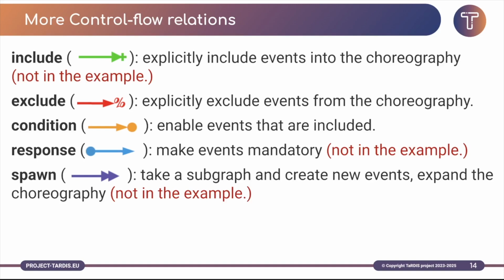The condition relation that we have already seen, and the response relation, by which executing an event on the left makes the event on the right hand side mandatory in this process. The notion of mandatory events is not central to the example. We also have the spawn relation, which we use to create new events and expand the choreography. Also not illustrated in this example.